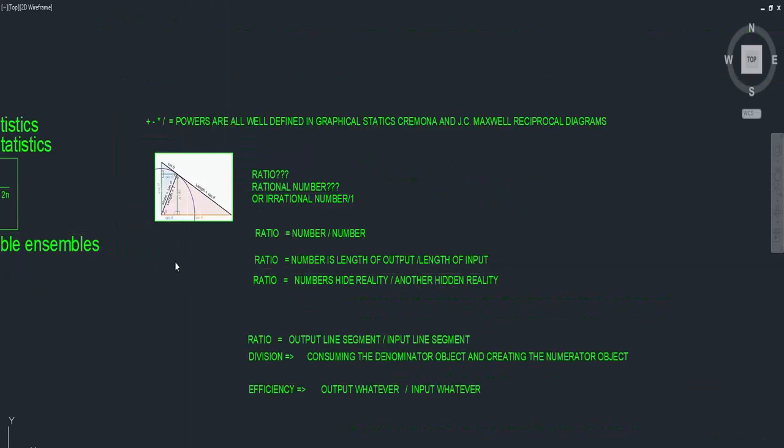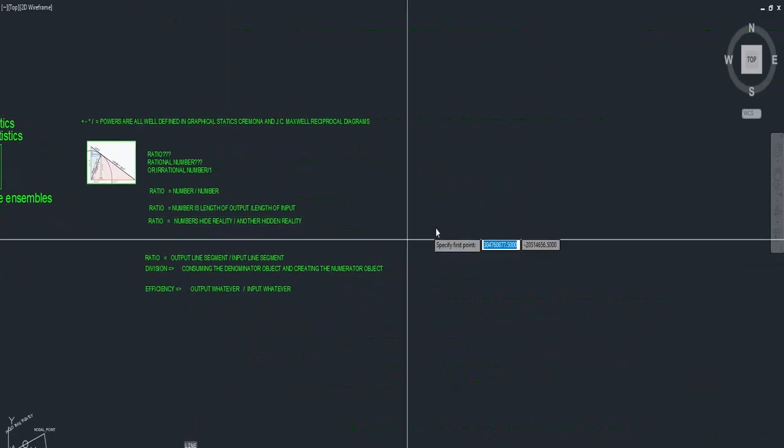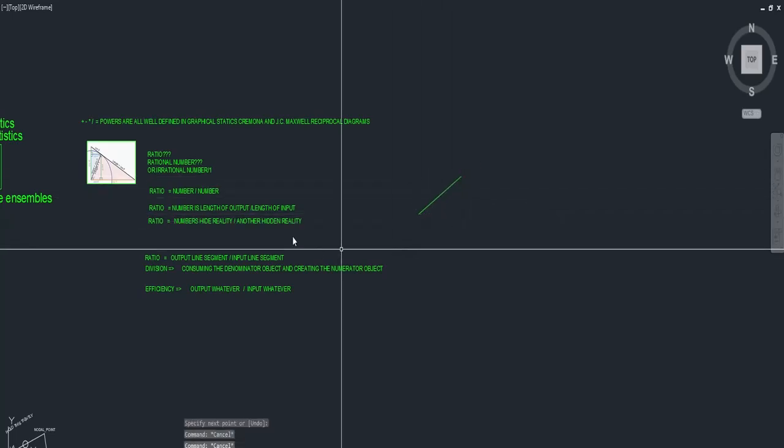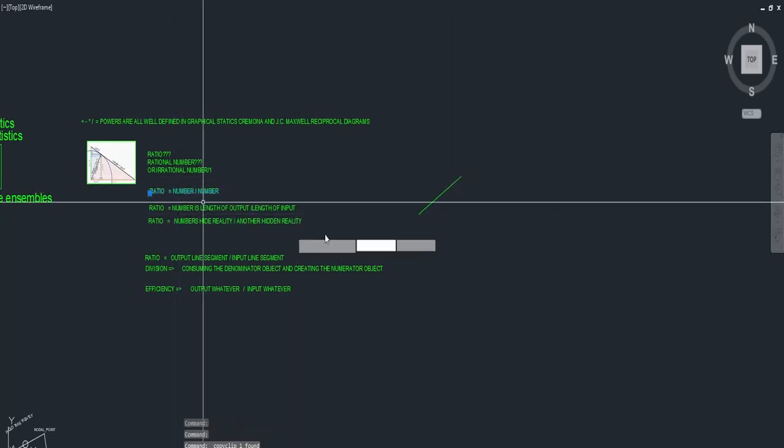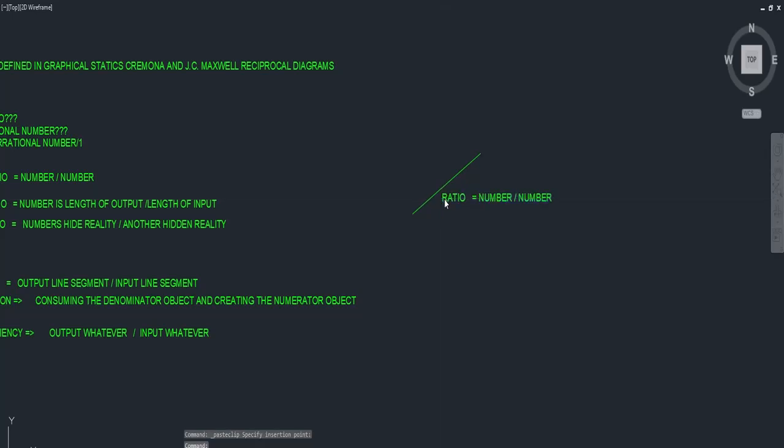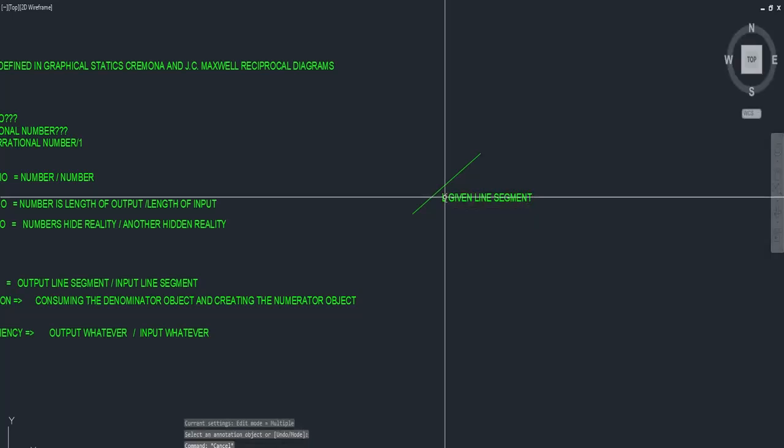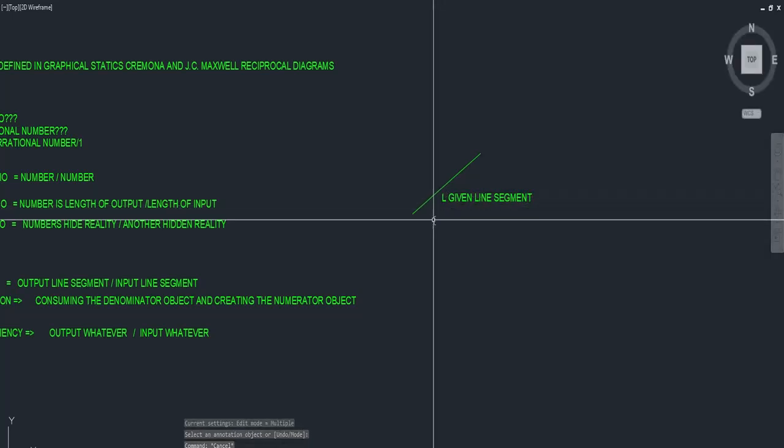In that way, we can think that any line segment L that is given to us is consumed as hypotenuse, generating the base line segment or perpendicular line segment, as cos and sine are two different animals.